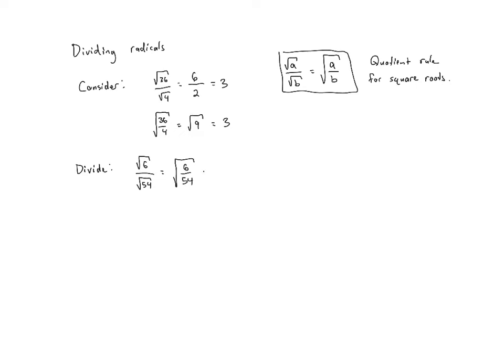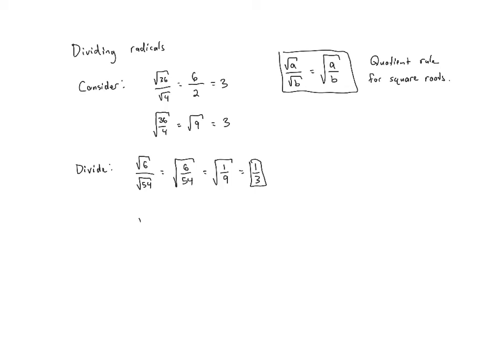Once we've done that, we can then reduce the fraction inside the radical. 6/54 is the same as 1/9. We can reduce the top and bottom by 6, and the square root of 1/9 is 1/3. So by combining these two into one radical, we could reduce and evaluate pretty easily.